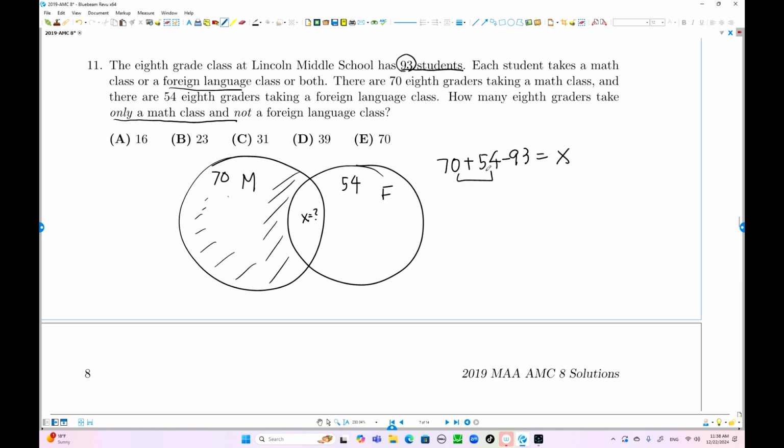When you add 70 and 54, this section is counted twice. So this is 124 minus 93, so 31. This side is 31. So we take 31 from 70. 70 minus 31, 39 is the answer, okay?